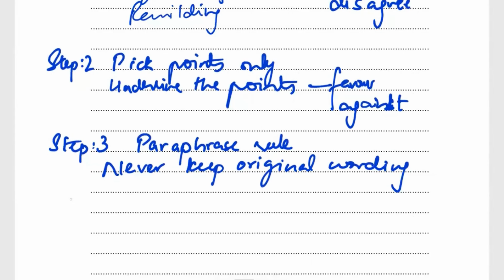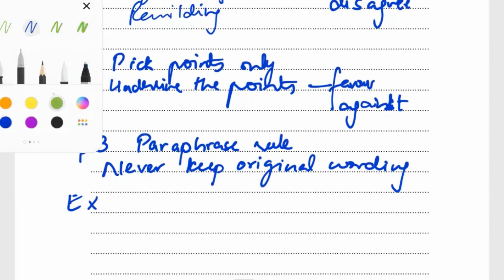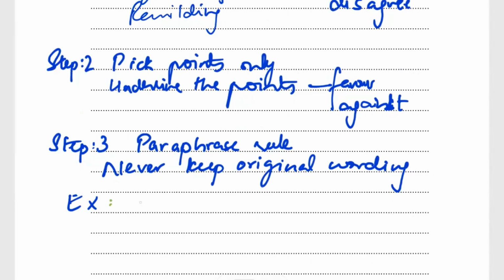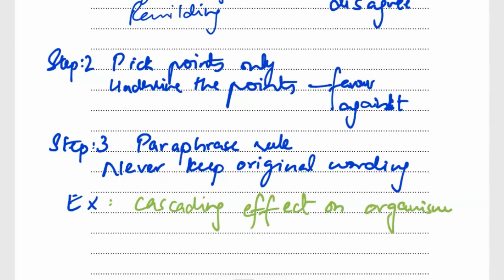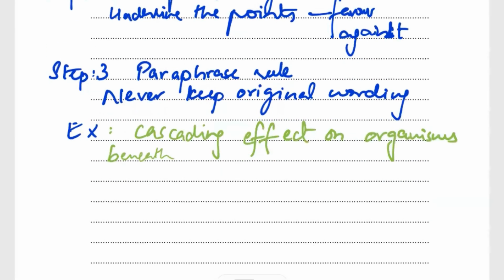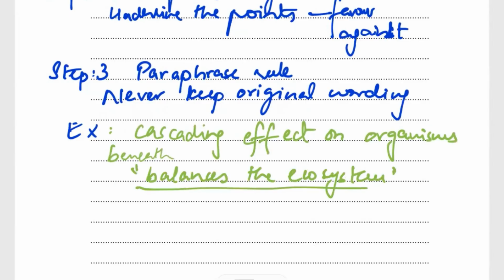For example, if we have a sentence or a phrase like "cascading effect on organisms beneath," how can we explain it? This shows that the writer wants to discuss balancing the ecosystem. This is how we have to bring this down into easy wordings.